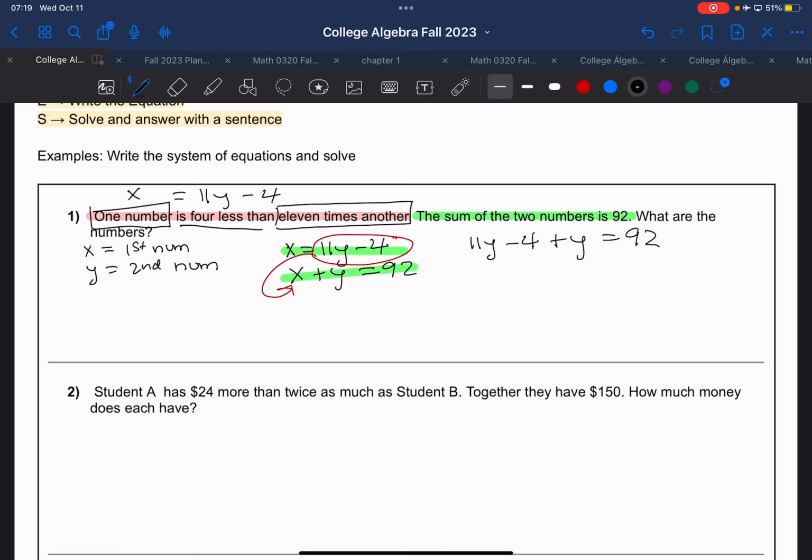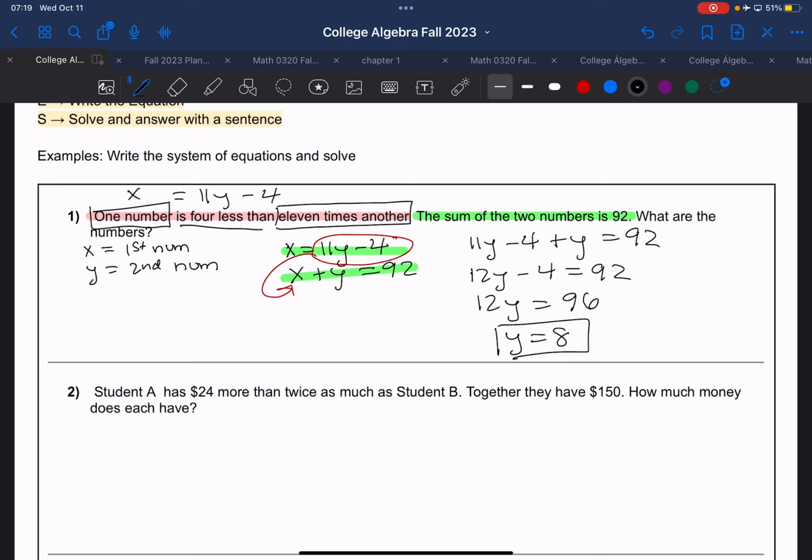Now we have everything in terms of one variable, and that variable is Y. So now combining like terms, we have 12Y minus 4 is equal to 92. How would we solve for Y? Good, we would add the 4, so 12Y is equal to 96. And then what? Divided by 12, so we get Y is equal to, what's 96 divided by 12? 8.